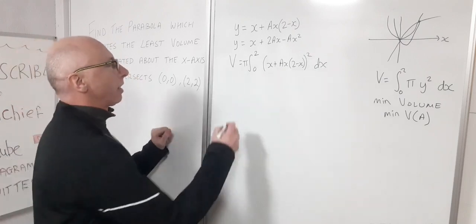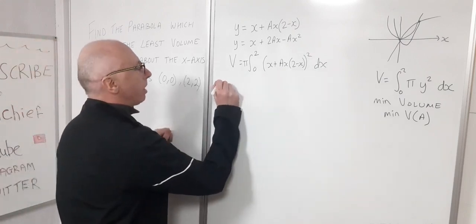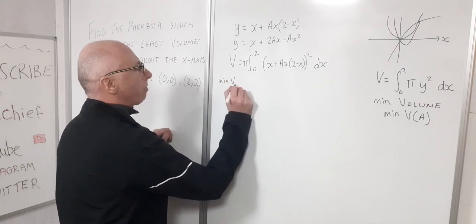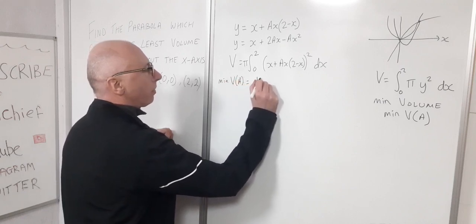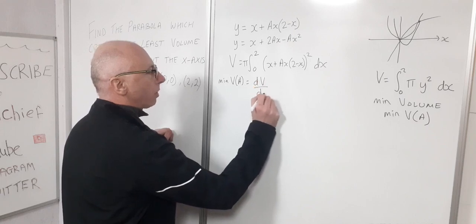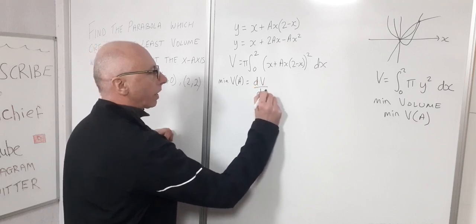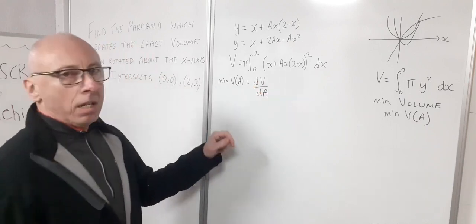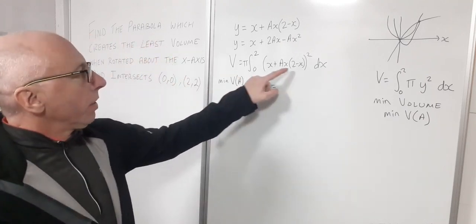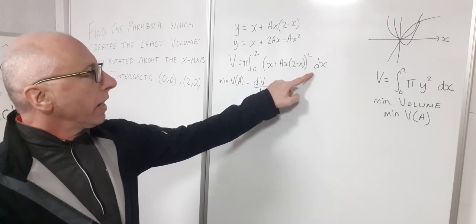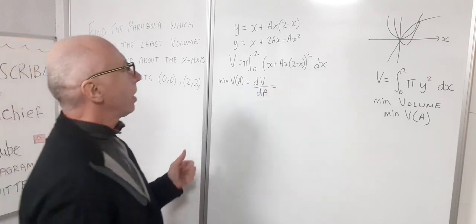So let's do that. The derivative of the volume with regards to a, and then we're going to set it equal to 0.